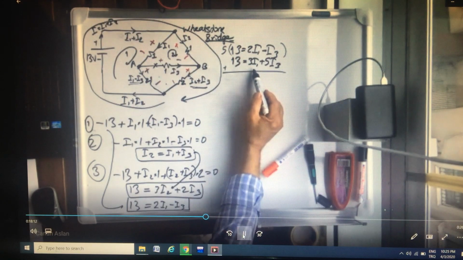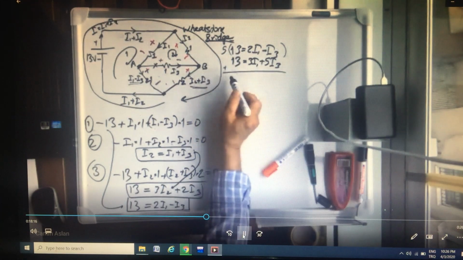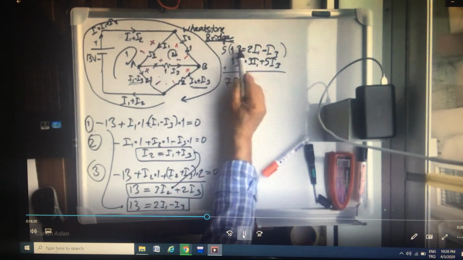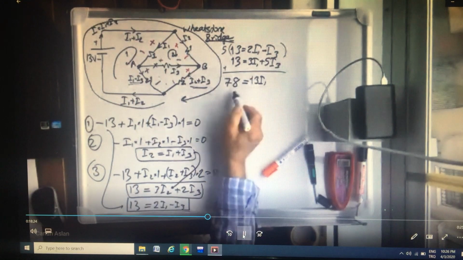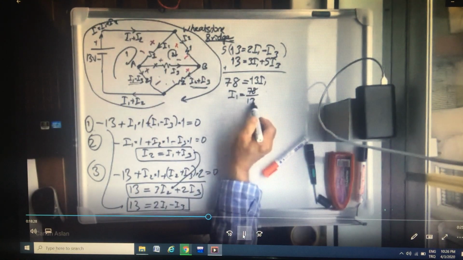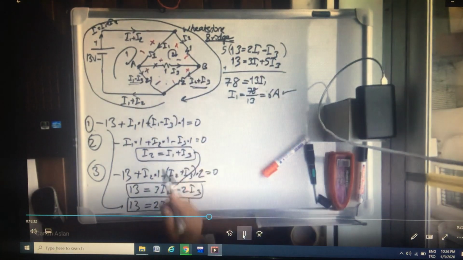So if you do this, we will see that 5 times 13 plus another 13 will give you 78, which is equal to 10 I1 plus 3, 13 I1. So the current is then 78 over 13, which gives you 6 amperes. So this is good. We have 6 amperes for I1.